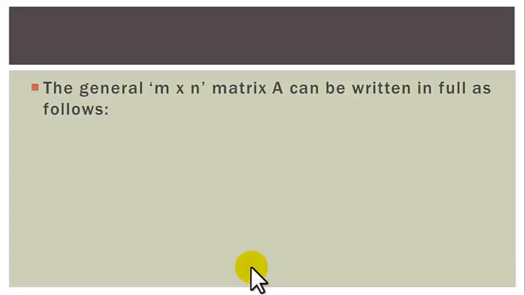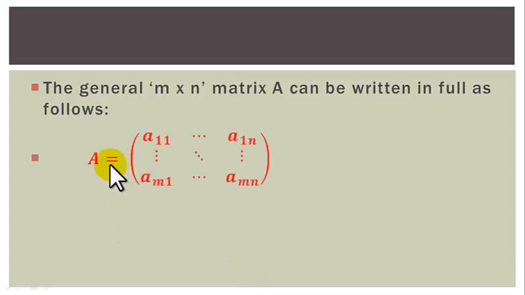The general m by n matrix A can be written in full as follows: A equals, the first row consists of the elements A11, A12 to A1n. The second row consists of the elements A21, A22 to A2n.